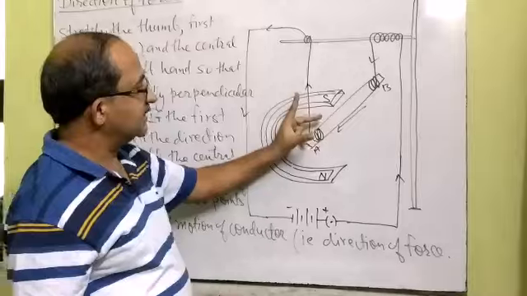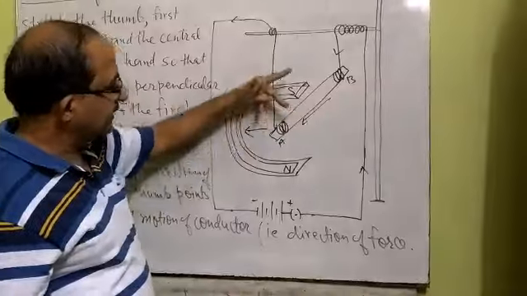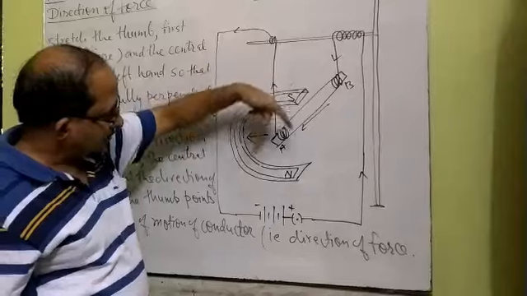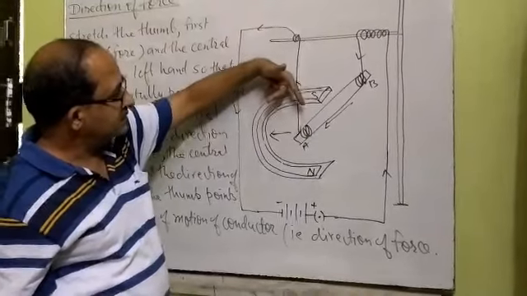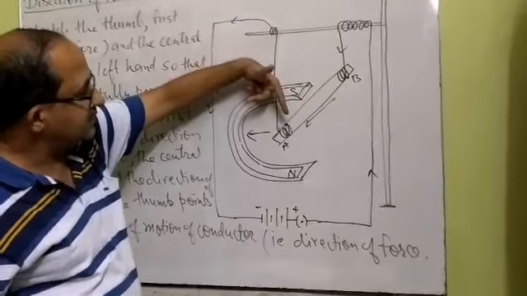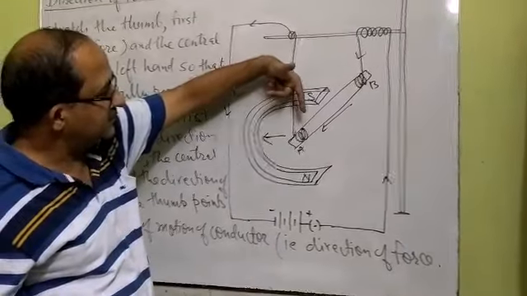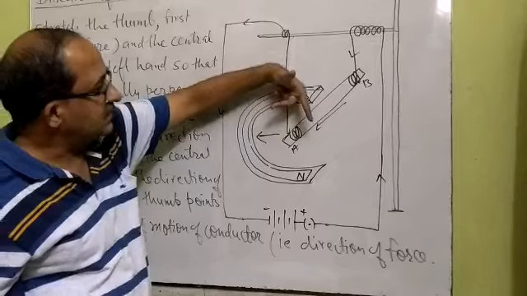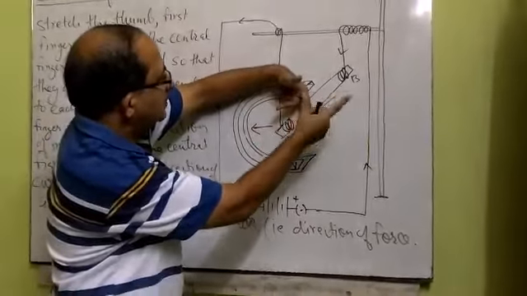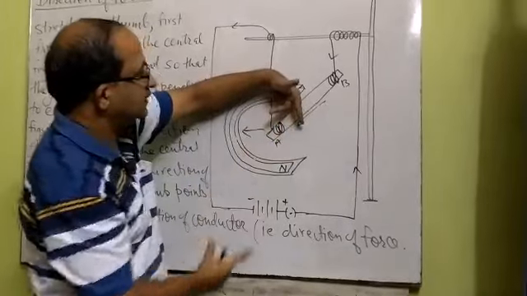Again, when we change the field lines, means the magnetic lines of force from north to south, it means the north pole will be above and the south pole will be below. In that case, the magnetic field will be from north to south, and the current is in this direction. So the direction of force produced in this coil will also be reversed.